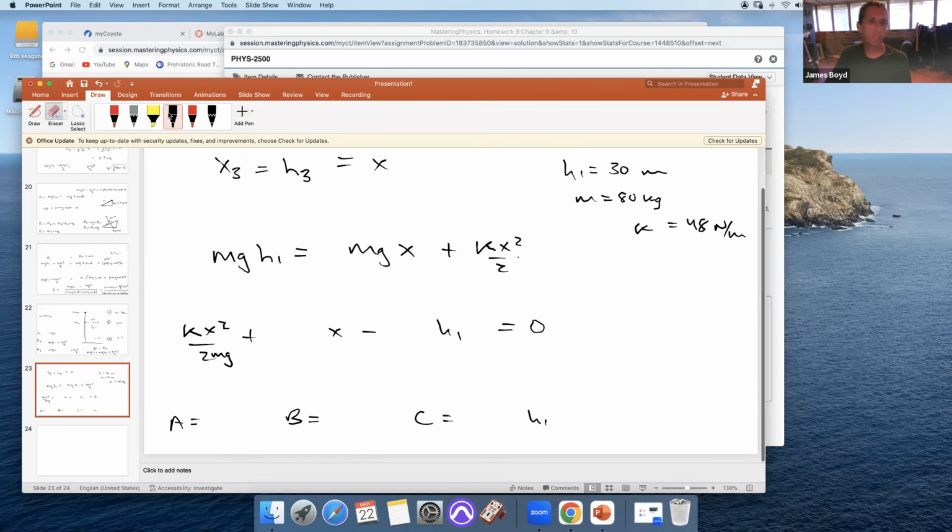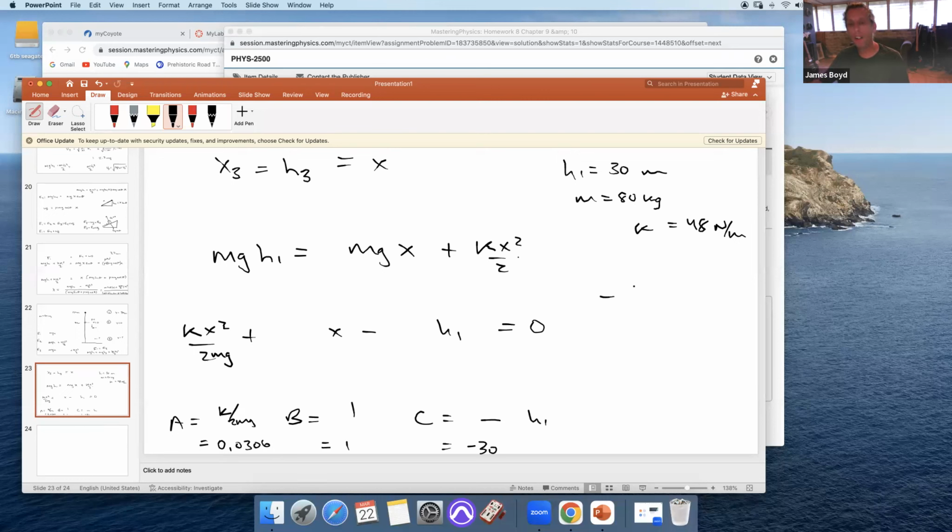So B is 1, and A is k over 2mg, which is 48 divided by 2 times 80 times 9.8. This is 0.0306. B is 1 and C is negative 30.